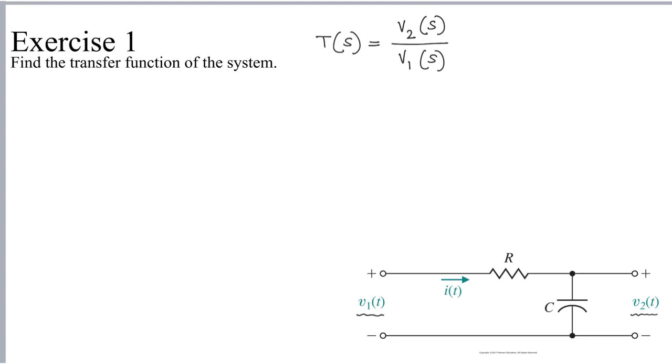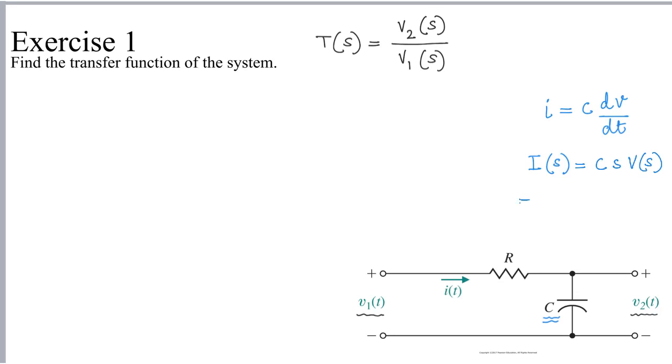Okay. What do we know about this system? What we know is the input output relationship of a capacitor. In a capacitor, I is equal to C dV over dt, right? If we transform this into the Laplace domain, we get I(s) equal to C times s times V(s), since a differential is represented as s in the Laplace domain.